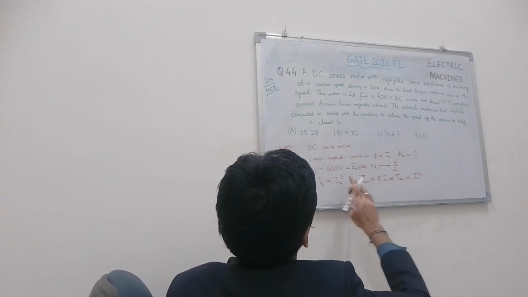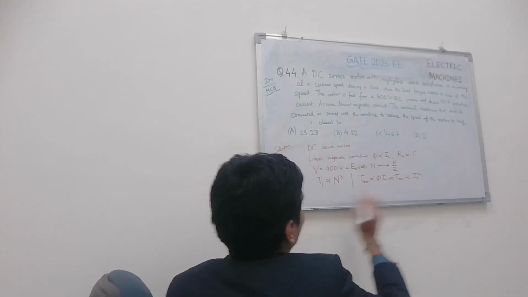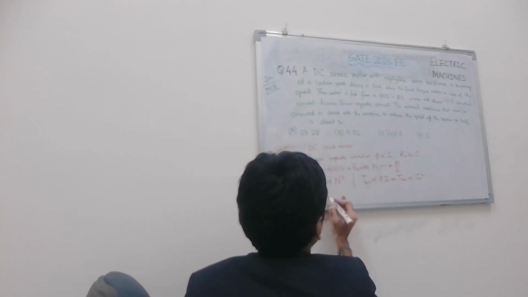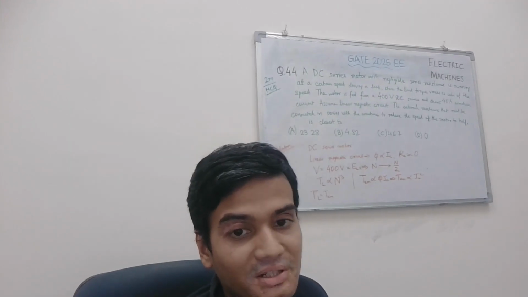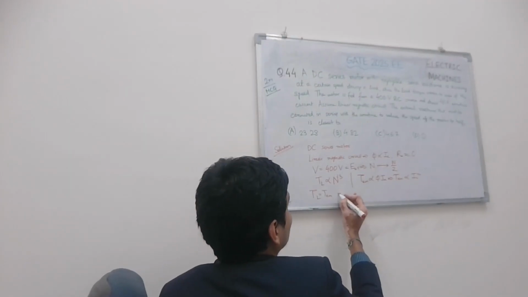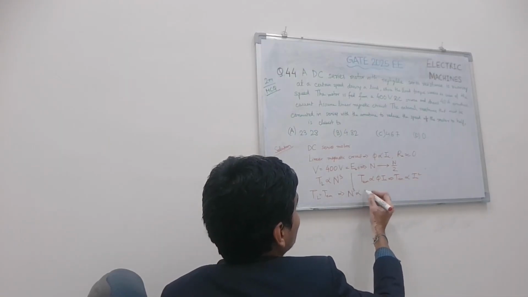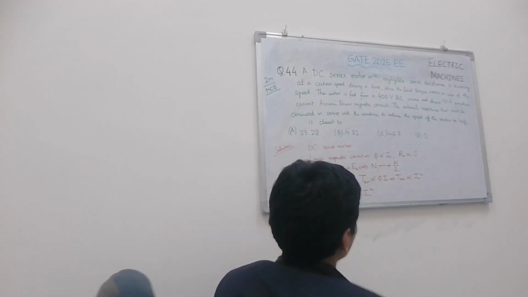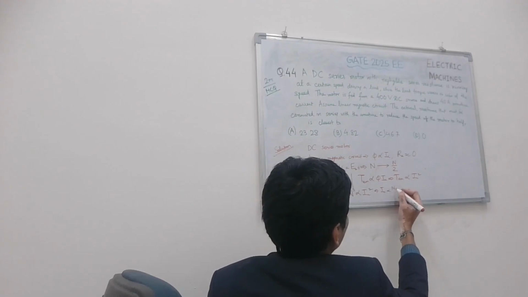Sorry, the load torque varies as cube of the speed. For steady operating conditions, what we have? TL equal to TEM. The load torque should be equal to electromagnetic torque, so the motor operates steadily. So if we equate these two conditions, then we get that the speed cube should be proportional to Ia square. Or in other words, Ia should be proportional to n to the power 3 by 2, or 1.5.